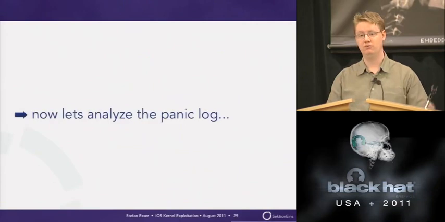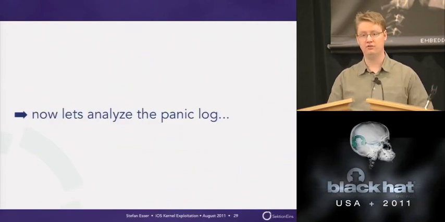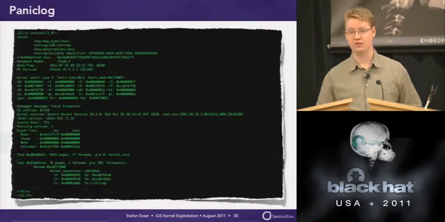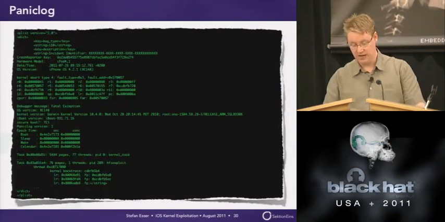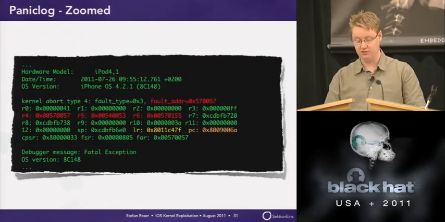So now, once you crash the kernel, what do you do? You go to this directory, Library, Logs, CrashReporter or Panics, and there's a panic log. You look into it, and you will see something like this, which is quite complicated. But you only care at the moment about this, which gives you an overview of the actual fault, the register values at the time, and so on.